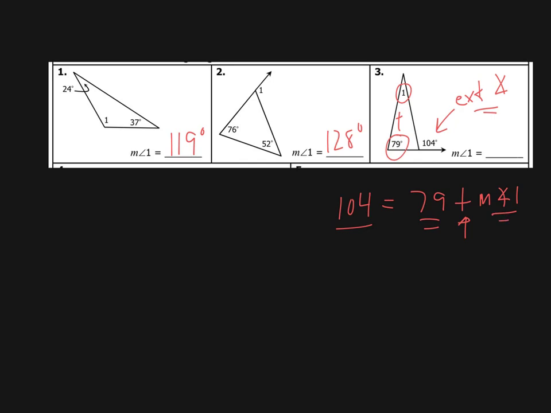But I don't know one of those. So really what I'm writing is 104 equals 79 plus x. And then I just subtract 79 from both sides to get a measure of 25 degrees for angle 1. And you could back check that by adding 79 plus 25 to make sure you get 104, which, of course, we're all set. Let's move on.